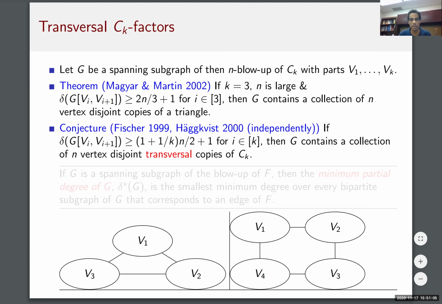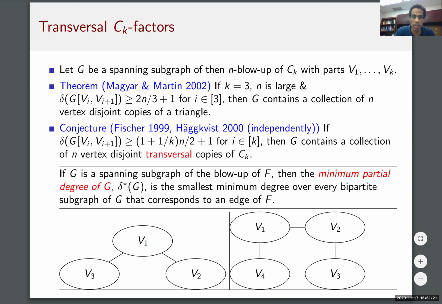With this new degree condition, we're going to find n vertex-disjoint transversal copies of C_k. Again, we're tiling the whole graph, so we call that a transversal C_k factor. And just one small piece of notation: I'm going to define the minimum partial degree of my graph G, since we're always thinking of it as a subgraph of some blowup of some other graph.